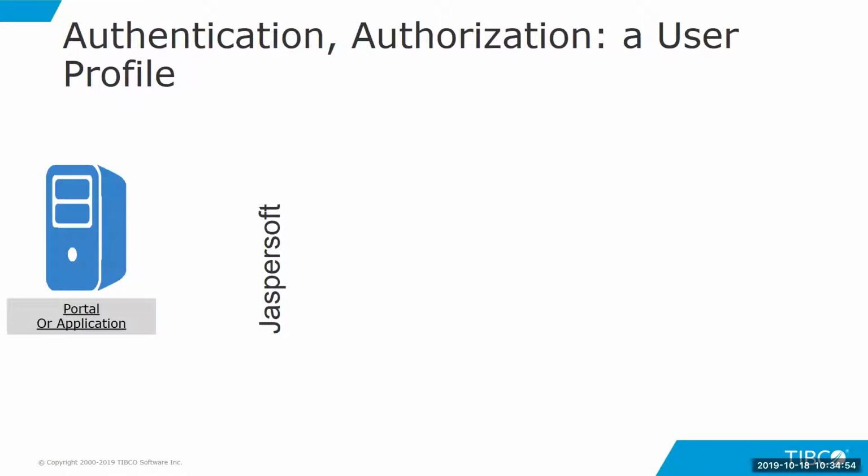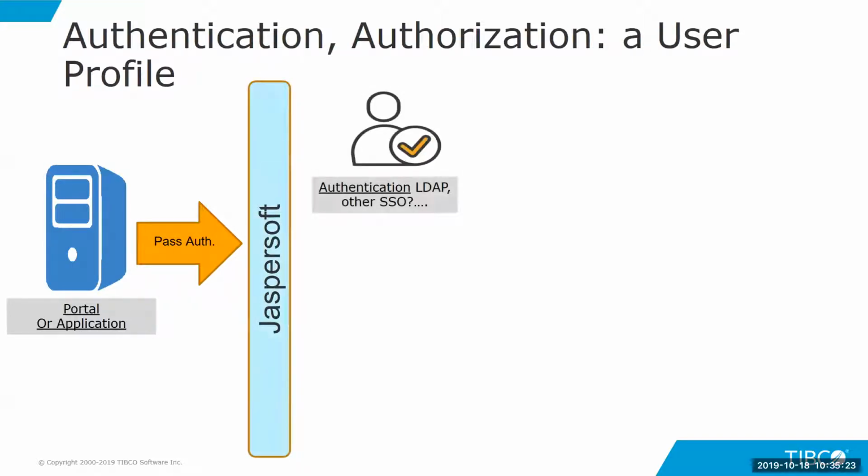But in order to do this sort of thing, you need to think about how that audience is going to interact with the environment. So you've got your portal and application there, and you've got Jaspersoft sitting behind the scenes because it's embedded. With Jaspersoft, you need to identify and pass the user, authenticate the user coming into Jaspersoft, so all the downstream security mechanisms can use that.